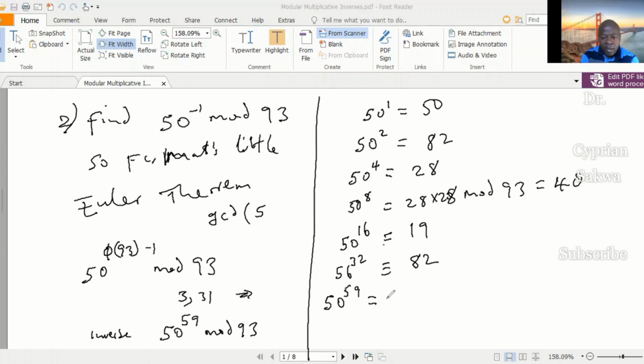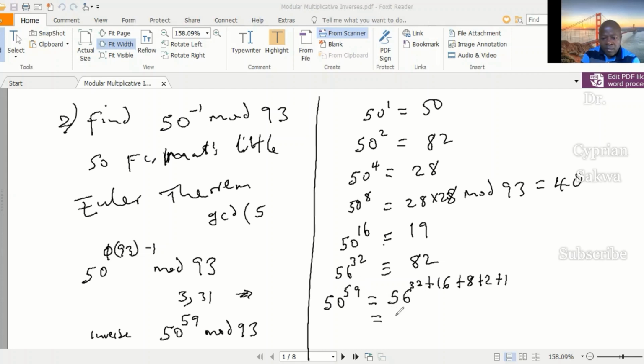So I can see that we can take this 32, then add 16 there to get 48, then add 8 to get 56, then add 2 to get 58, then add 1 to get 59. So I'm just adding the powers so that I get 59.